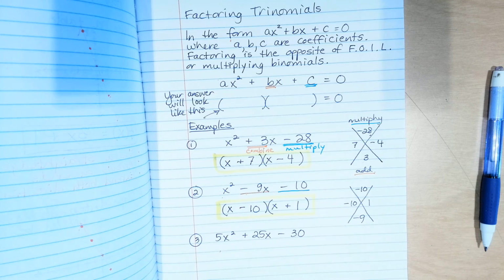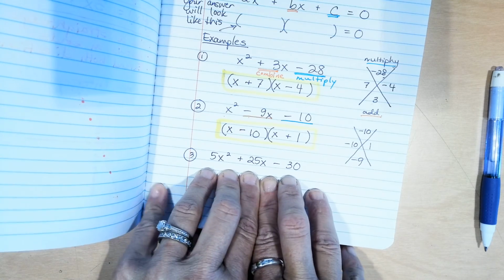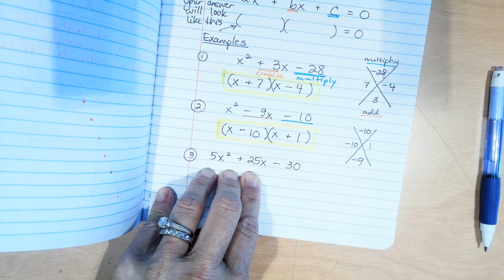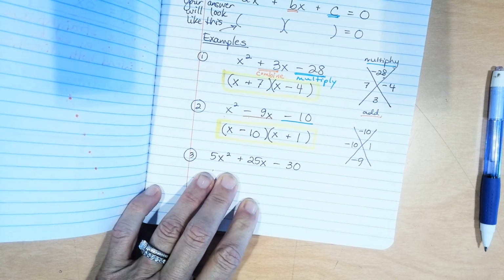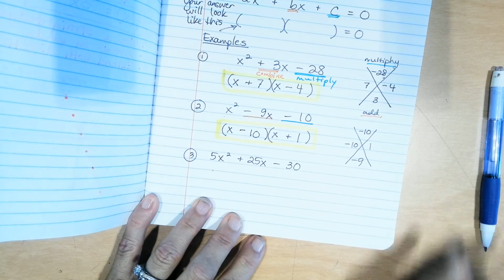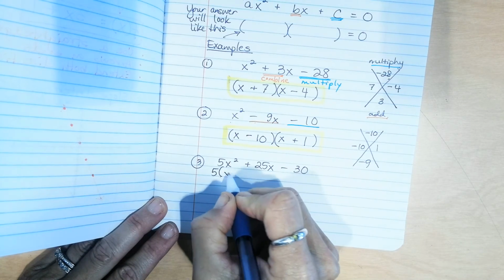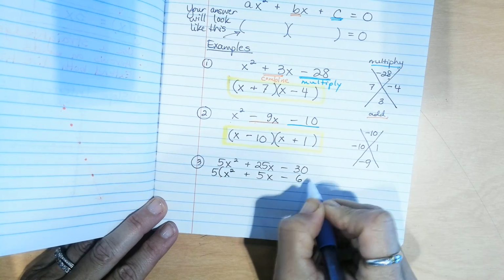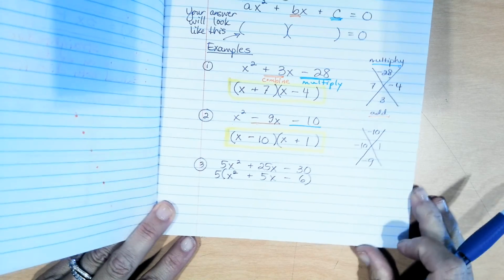What does each term have in common? Yes, we're going to divide them all by 5. Make it easier on yourself. Don't try to do the big numbers. Take the 5 out first. Thank you, Nozomi. Okay, so 5, when I divide it out, gives me this, and now I have a much simpler trinomial. Make it easy on yourself.